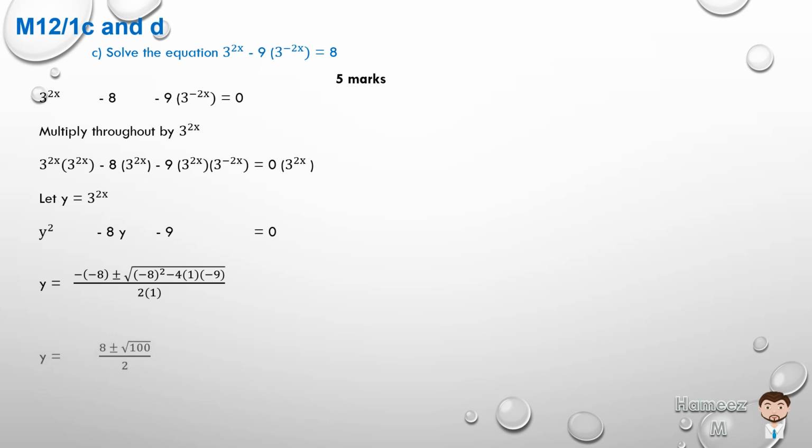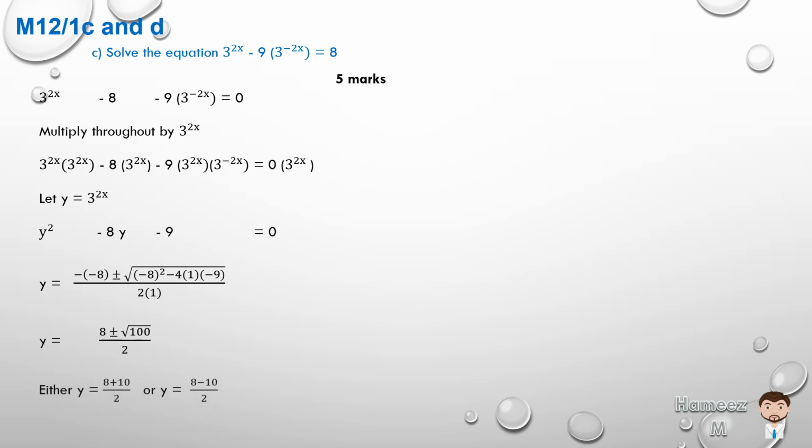So y is equal to 8 plus or minus the square root of 64 plus 36, which is 100, all over 2.